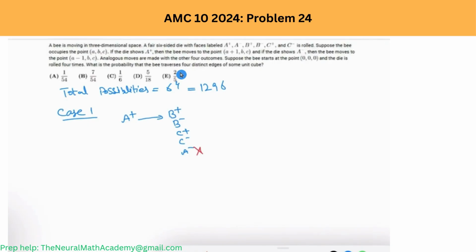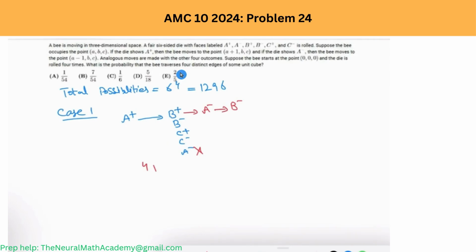Once it goes to B plus, then the third move can be A minus, and then the fourth move could be B minus. Similarly, the path can be taken for the other options as well. For example, from A plus to B minus, then to A minus, and then to B plus. So if we see the total options that we get from here, they are basically 4. So we get the 4 paths from this case.